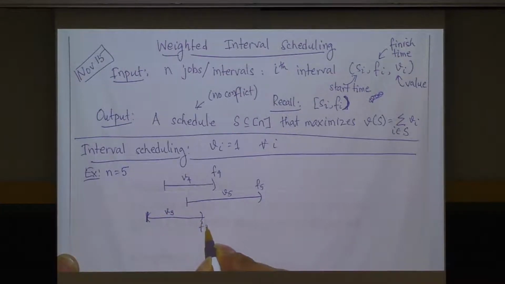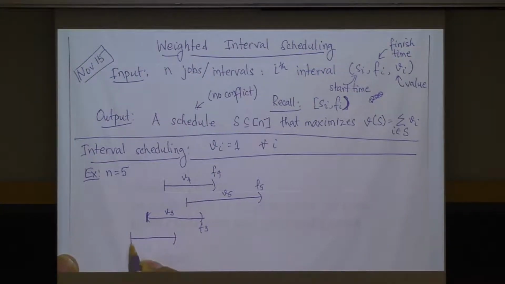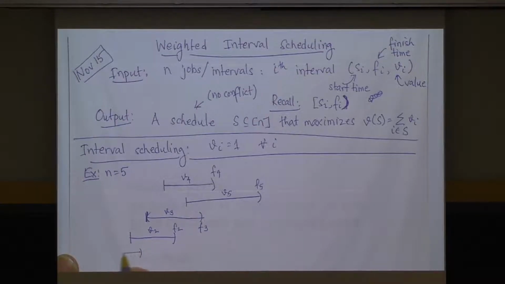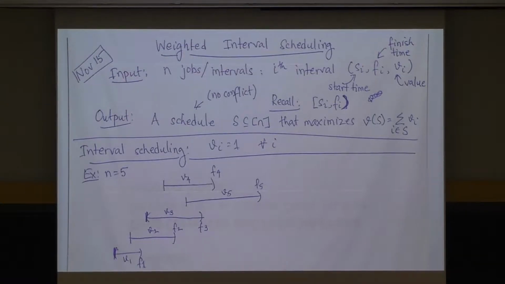This is the third last interval to finish. This is the second last interval to finish. And finally, this is the interval that finishes first. Okay, so what's more important is to keep in mind which jobs conflict with each other or not. Okay.